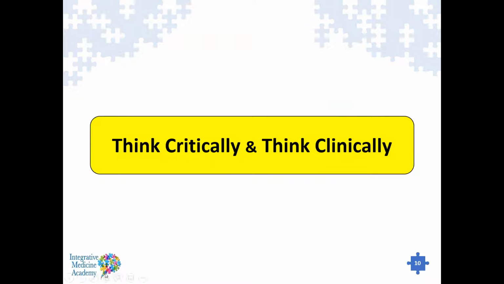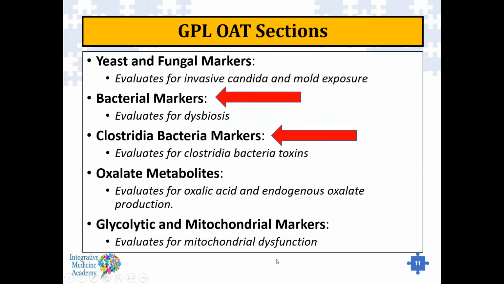And we know that the organic acid test can also be a jumping off point, meaning that there are markers on the test that give us suggestions or hint that there may be other problems going on, whether that's issues related to chemical exposure, perhaps problems related to mold toxins, etc.